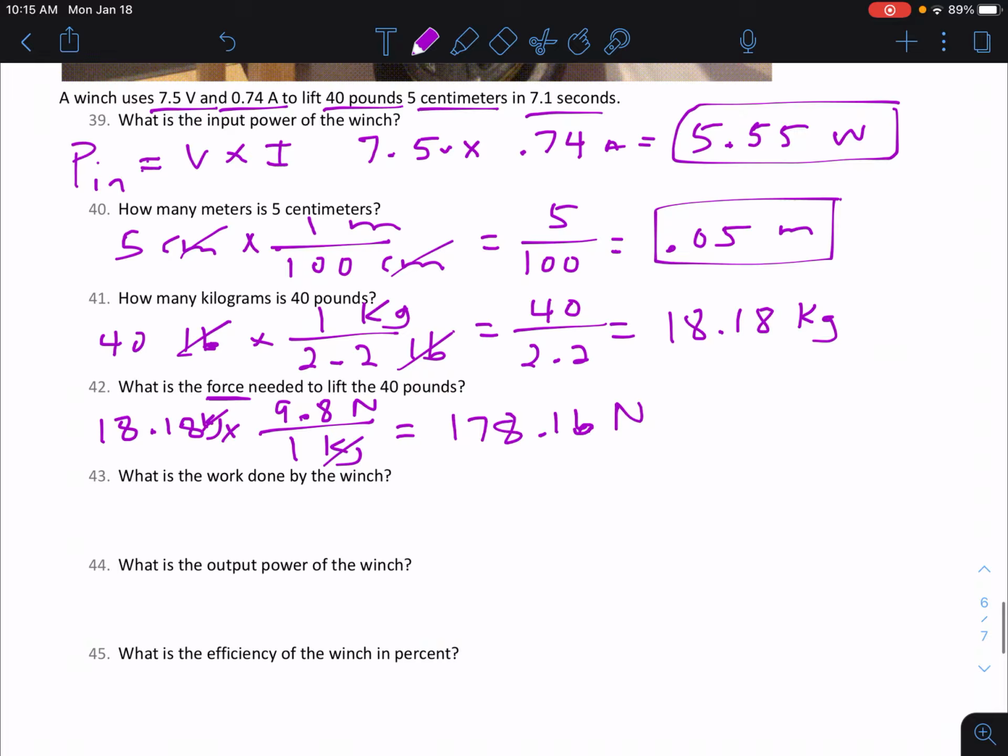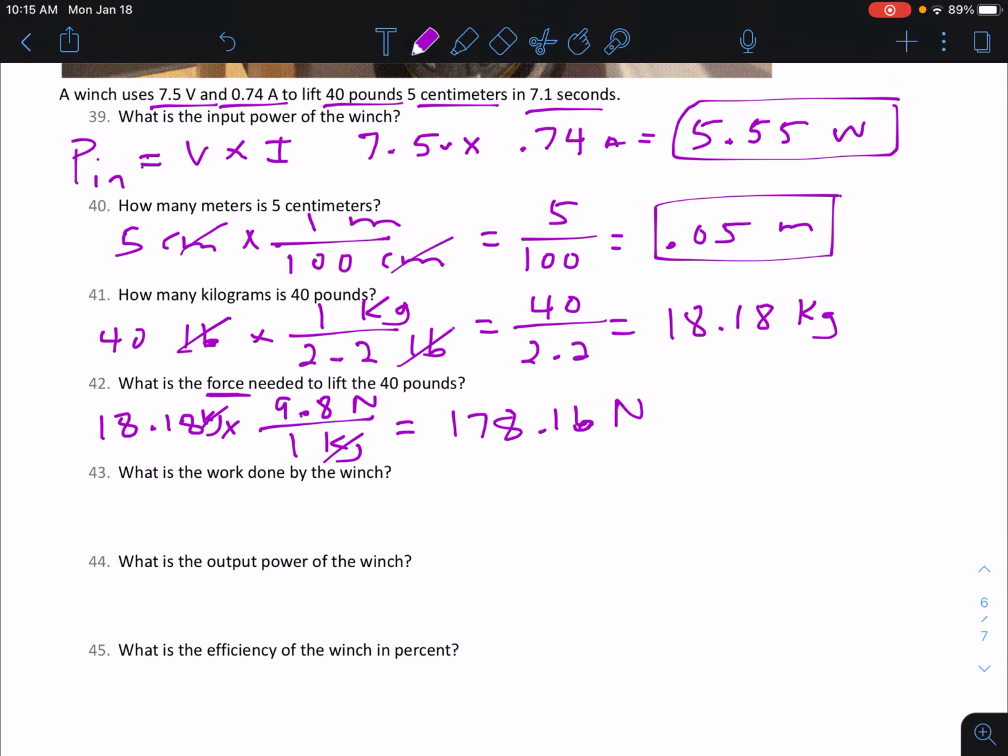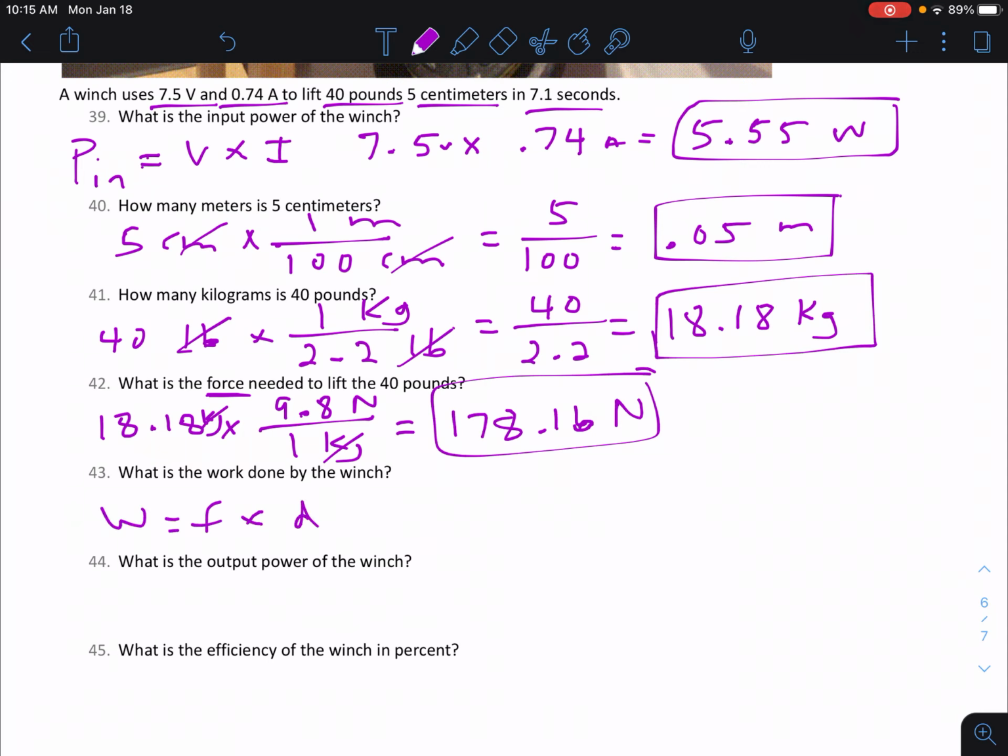Work. Let's just keep putting a box around these answers for you. Work equals force times distance.